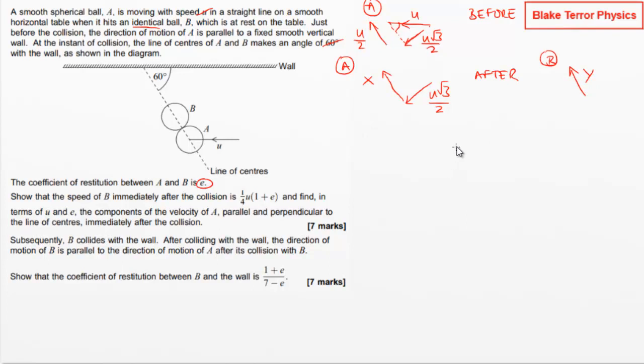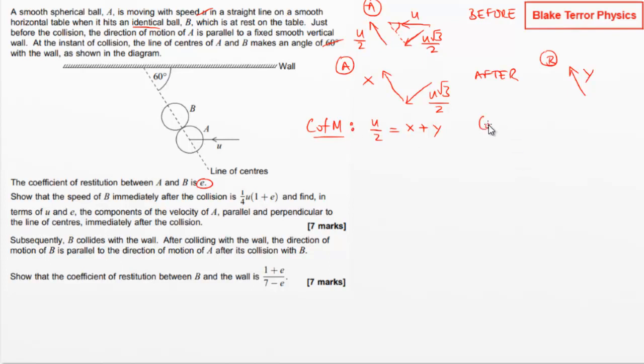Excellent. So we can now do our 2 things that we do in collisions. We've got conservation of momentum, and we could do that in any of these directions. So let's go with a direction where everything's happening. And because these are identical balls, we can leave mass out altogether. So u over 2 is equal to x plus y. That's our conservation of momentum along the line of centres.